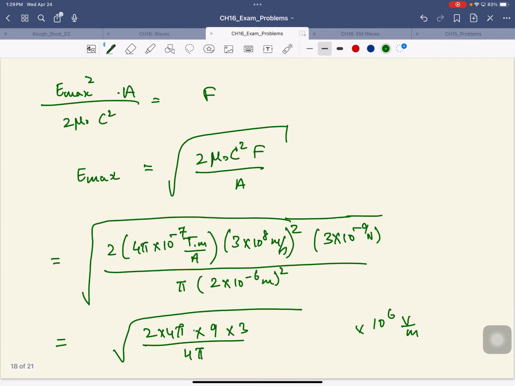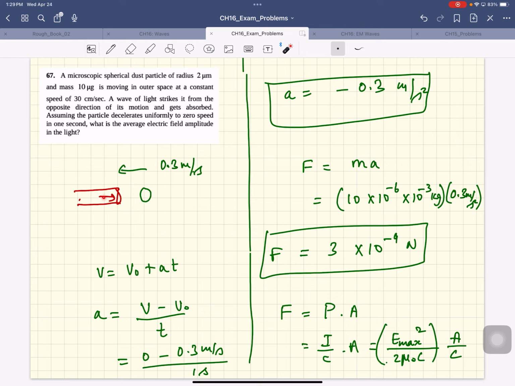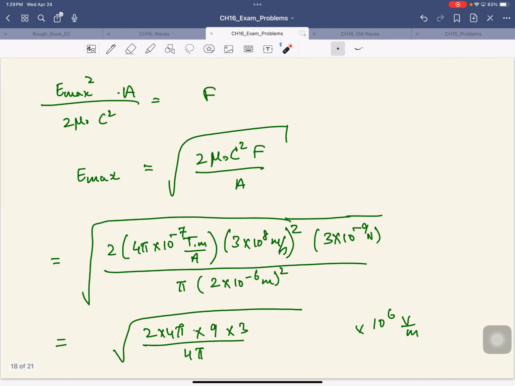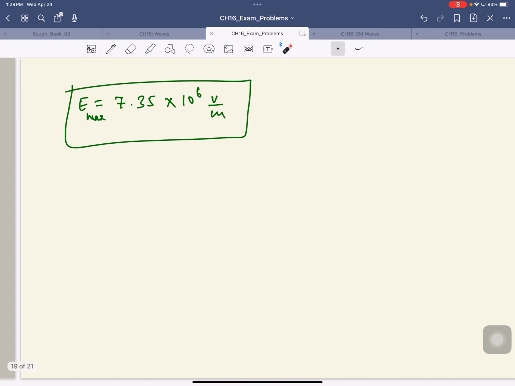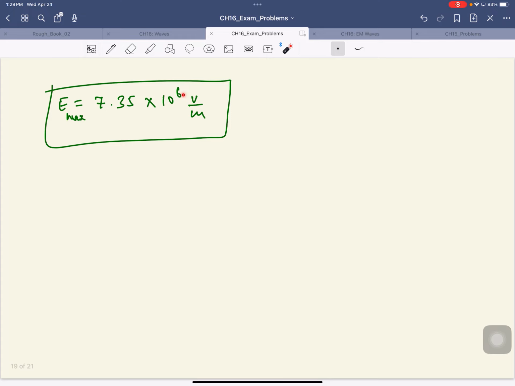Okay, so if you want the light beam to stop this 10 microgram particle in 1 second, the electric field amplitude is about 7 million volt per meter.